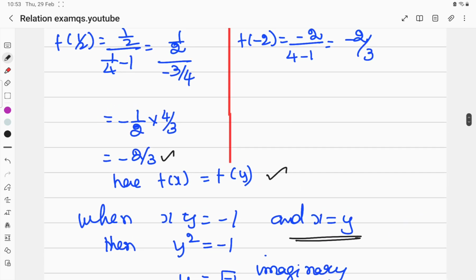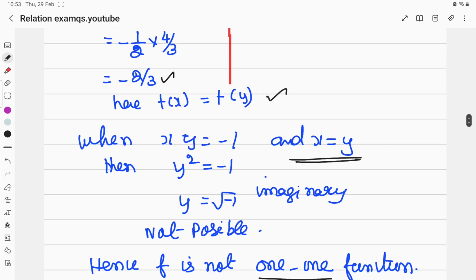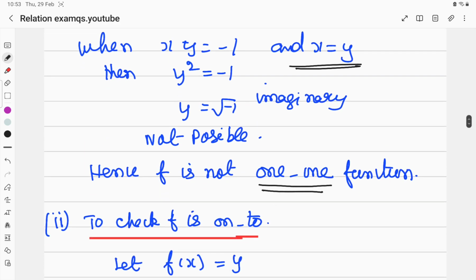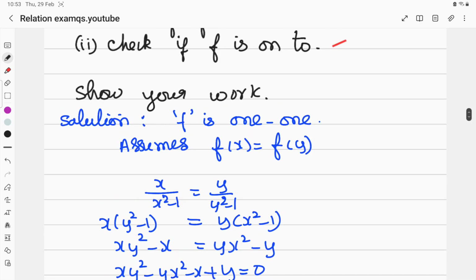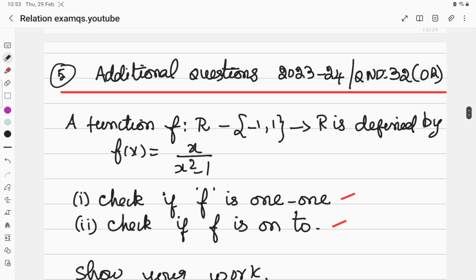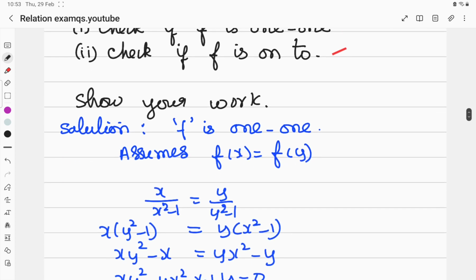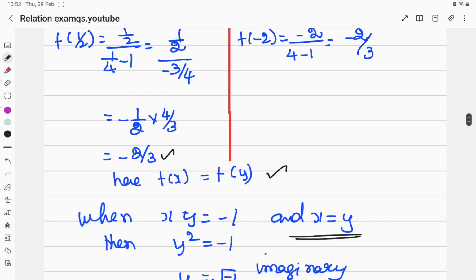Though we get f(x) = f(y) with xy = -1, the x1 = x2 case gives y² = -1, only an imaginary value, except for -1 and 1.